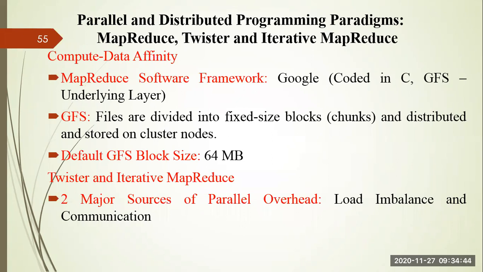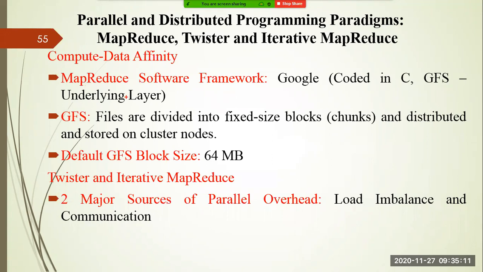What is GFS, this Google file system, doing? GFS is a distributed file system where files are divided into fixed size blocks. Because you know that in MapReduce you are doing the partitioning. Similarly, GFS divides the files into fixed size blocks, and the blocks are distributed and stored on the cluster nodes.